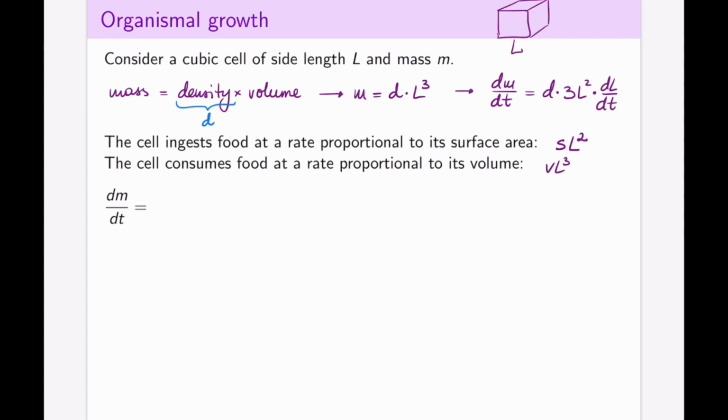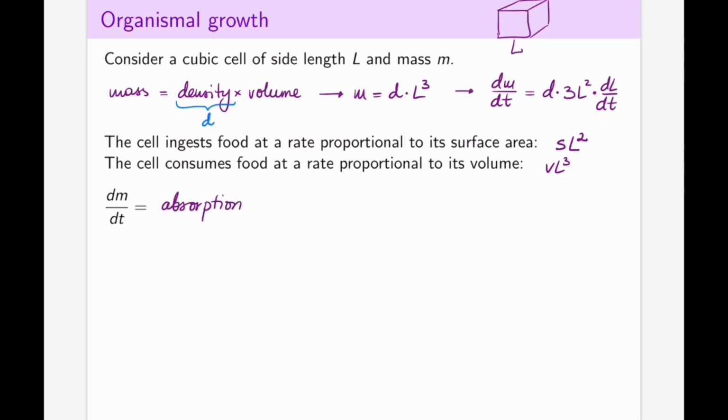Now, that means that the cell's mass changes with absorption of nutrients and consumption of nutrients. Absorption, of course, affects the actual mass positively.